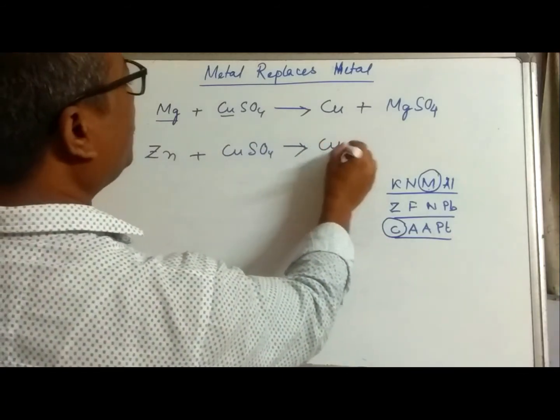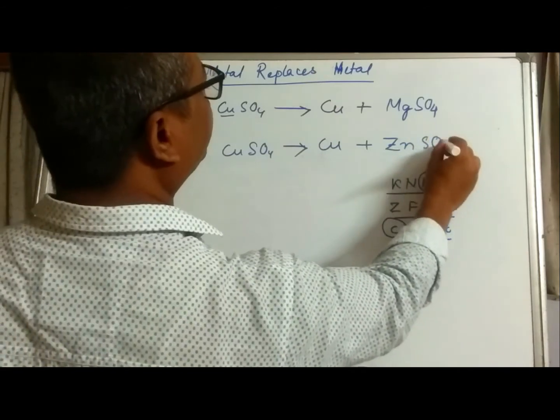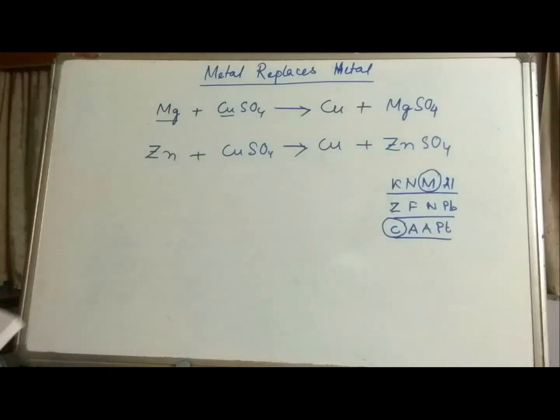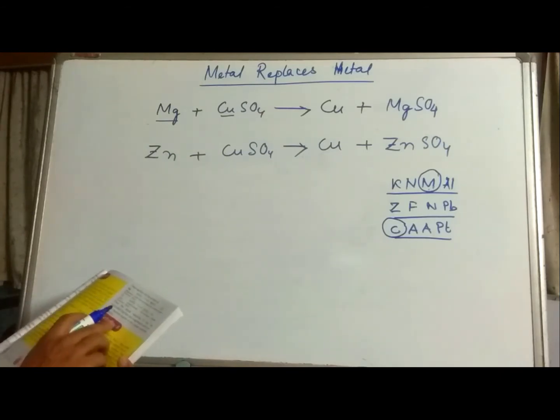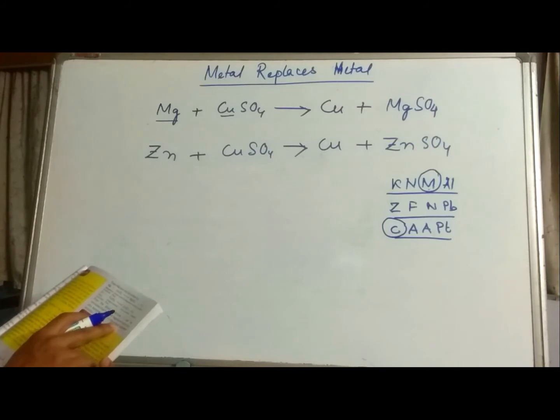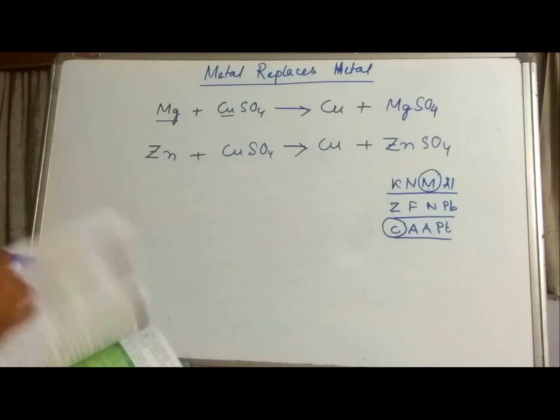So copper plus zinc sulfate. From the above reaction, it can be concluded that like iron, magnesium and zinc also replace copper in the copper sulfate solution. So remember it.